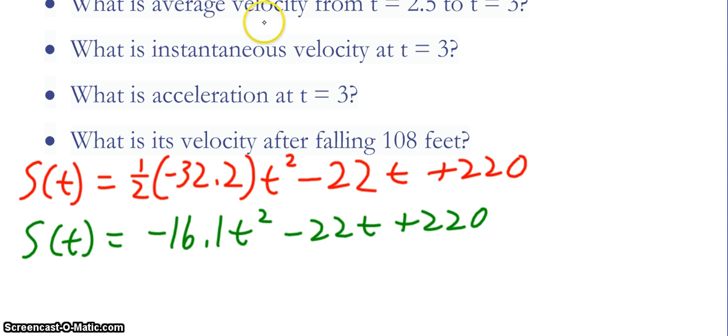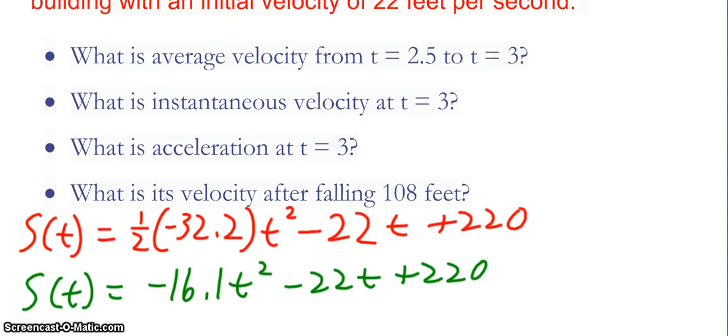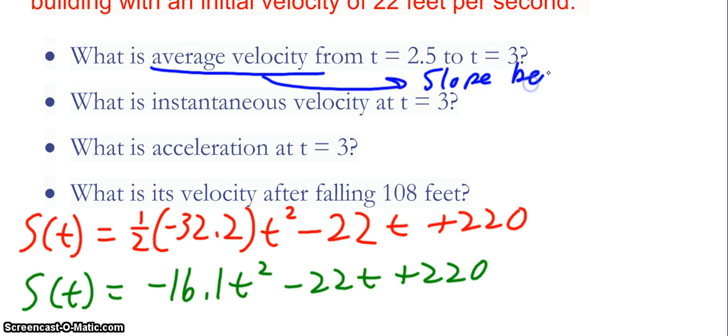Alright, first thing we want to do though is we want to actually find average velocity. So average velocity is something we have found before. Average velocity is going to be slope between 2 points. That should make sense, because when we're talking about velocity, that's how quickly you are changing your position, and this is a position function.